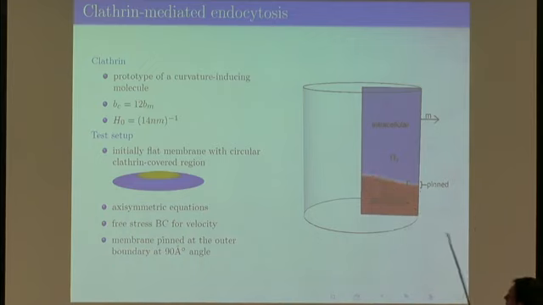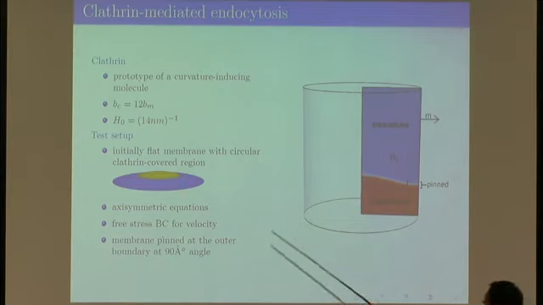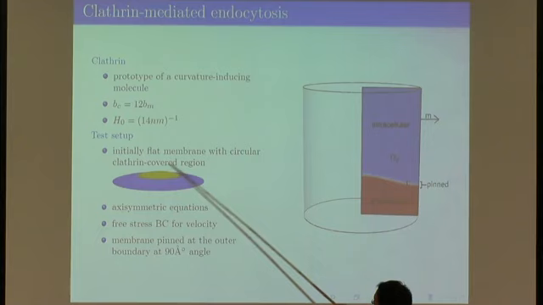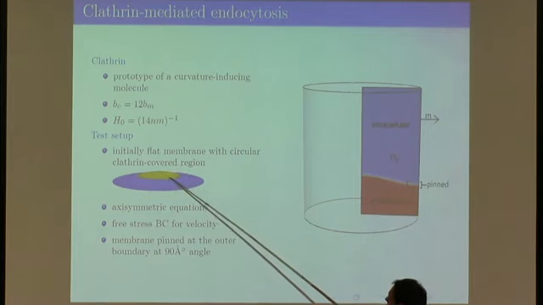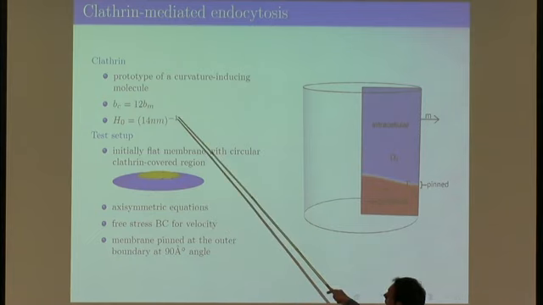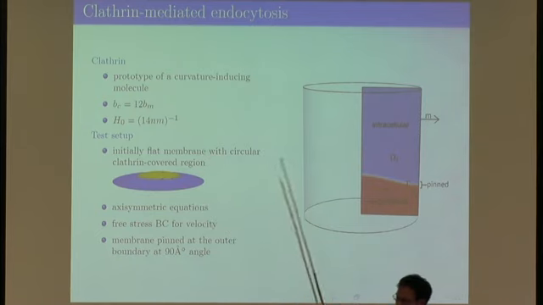And we use the bending stiffness for this. So we cover the membrane partly with these clathrin molecules, which is the yellow region. And they have a higher bending stiffness than the membrane and some spontaneous curvature.